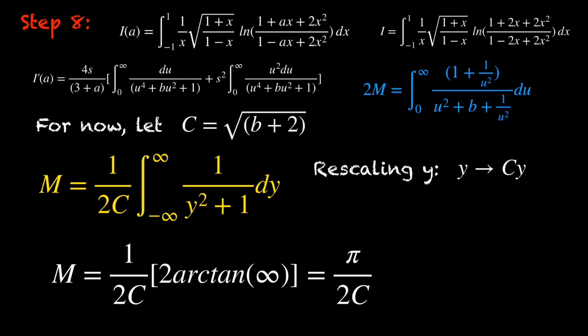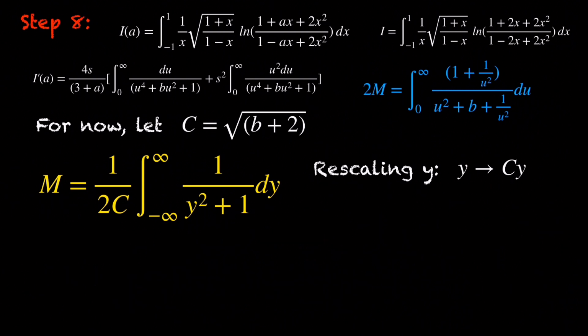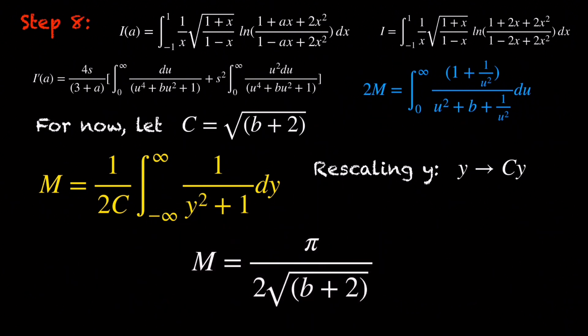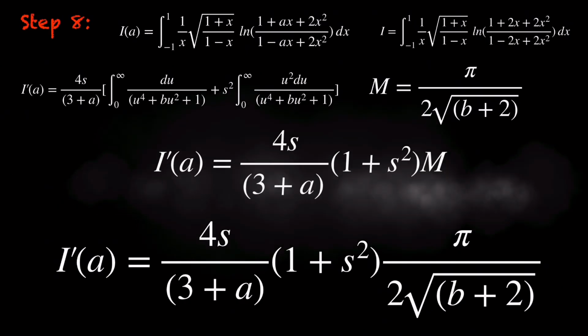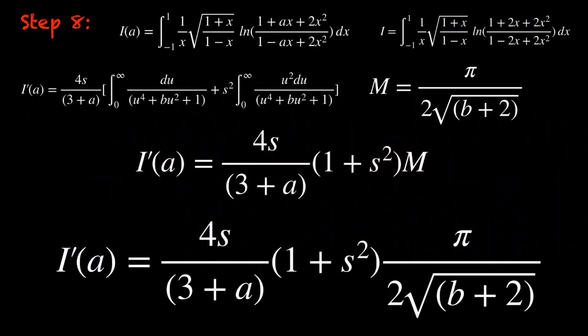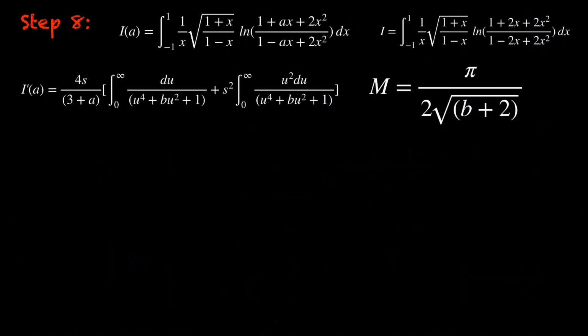And our final result is M is equal to pi over 2c, or pi over 2 square root of b plus 2. Now our integral I prime of a can be written in this way, again, where M was the integral that equals pi over 2 square root of b plus 2.